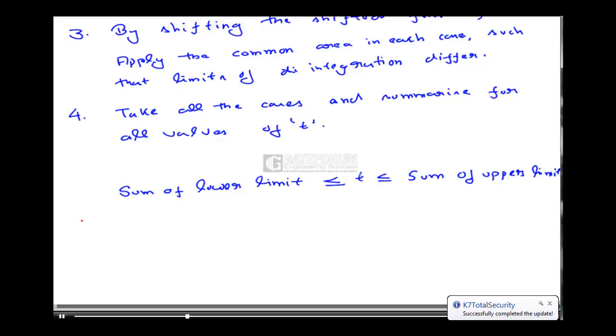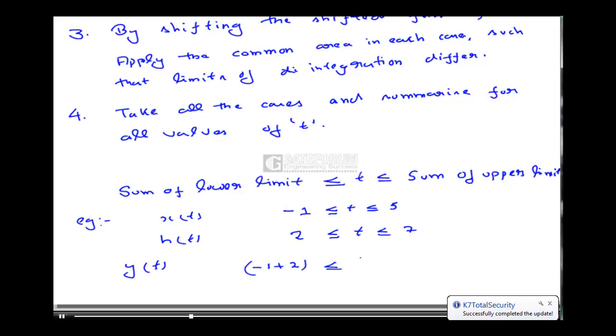For example, xt lying between minus 1 and 2, ht lying between this region, then yt will lie between minus 1 plus 2, 5 plus 7.